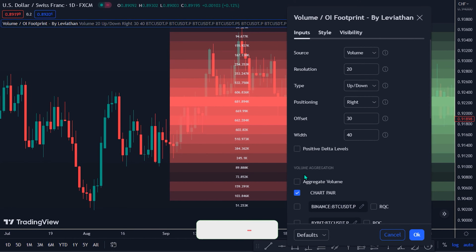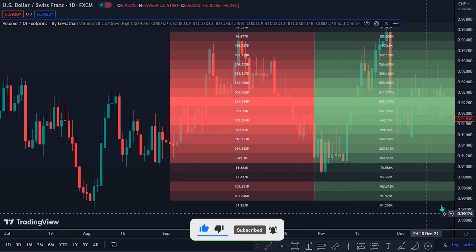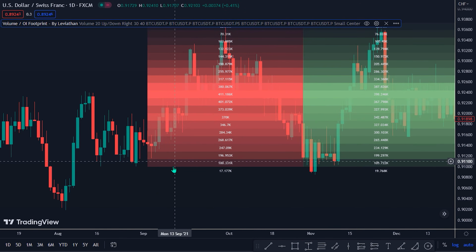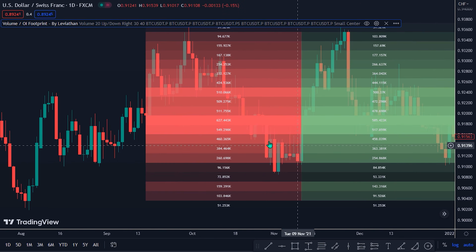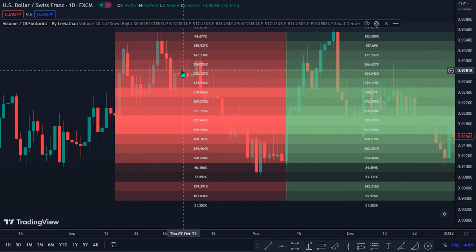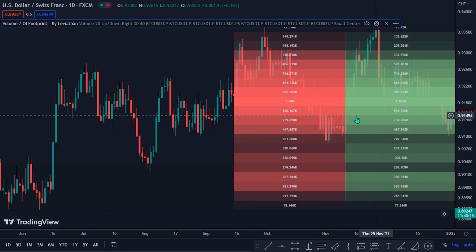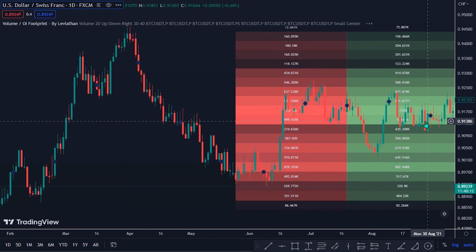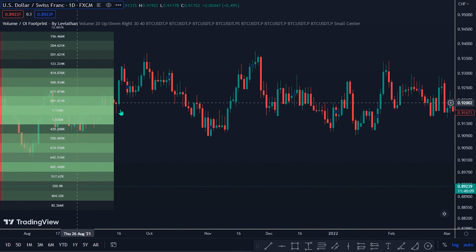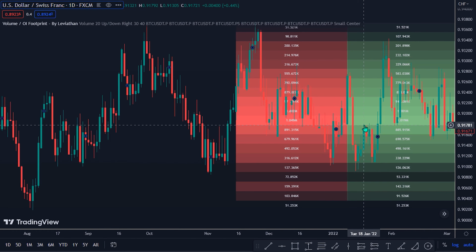How can the volume open interest footprint indicator be used to detect trade opportunities in the market? Once the indicator has been added to your price chart, it will use your chart's visible range and generate a footprint bar on the right side of the screen. You can move left or right, zoom in or out, and the bar's data will be updated automatically.